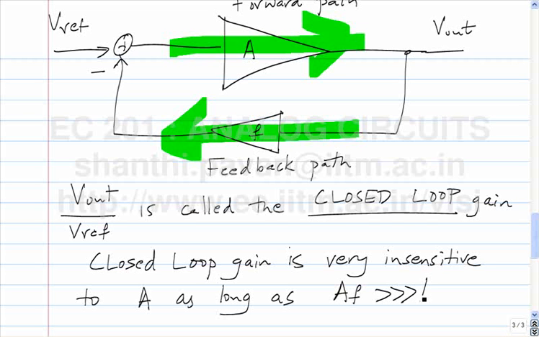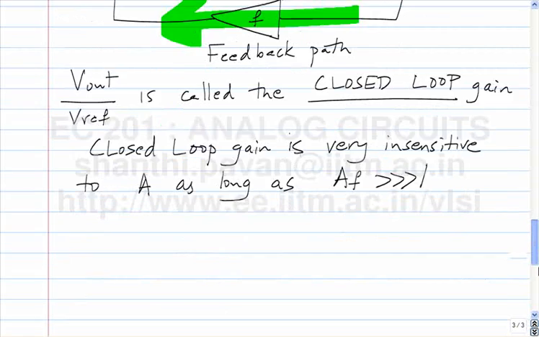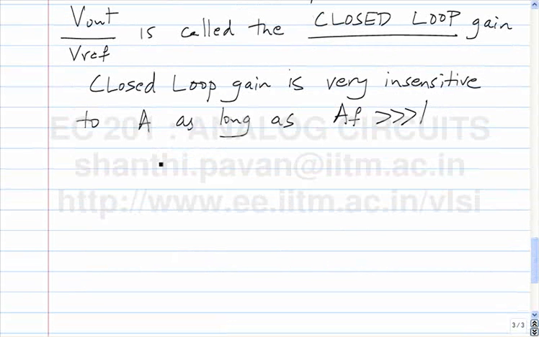In other words, the input-output properties of a feedback system only depend on what? What is the closed loop gain? If AF is much larger than 1, it's 1 by F. So the closed loop gain becomes equal to 1 over F approximately, if AF is very large.